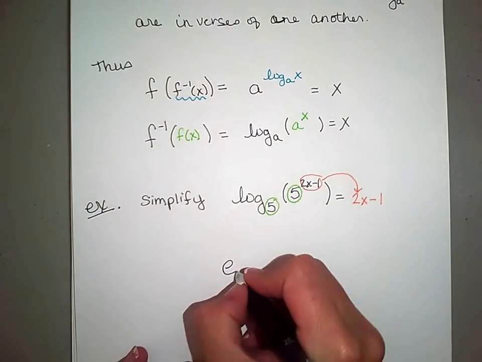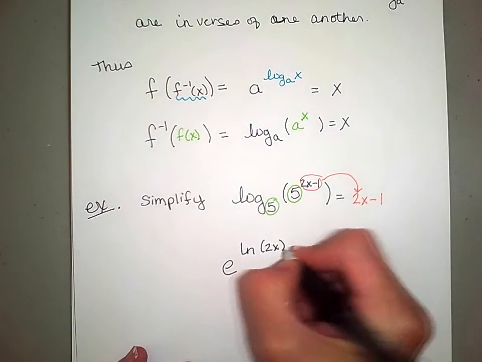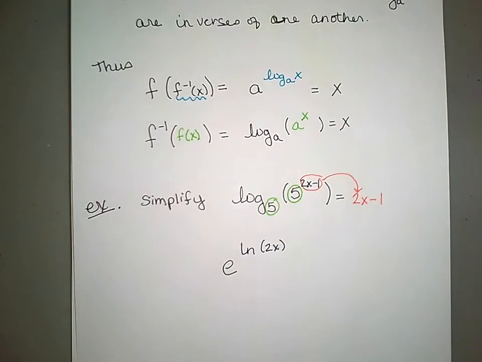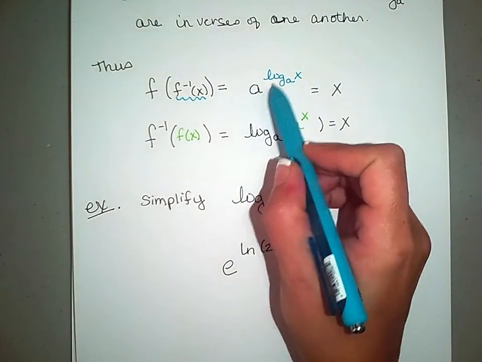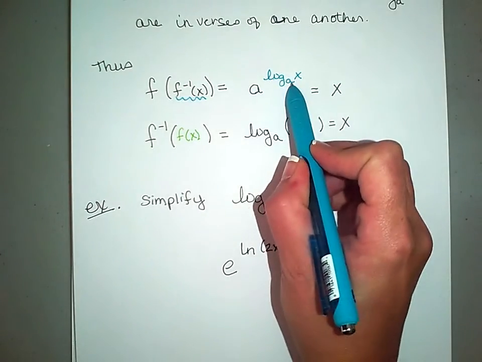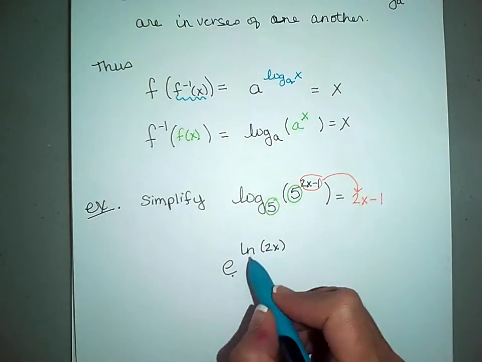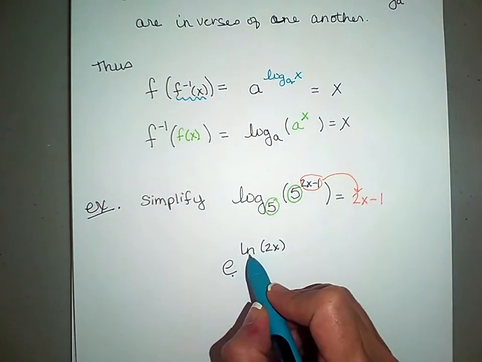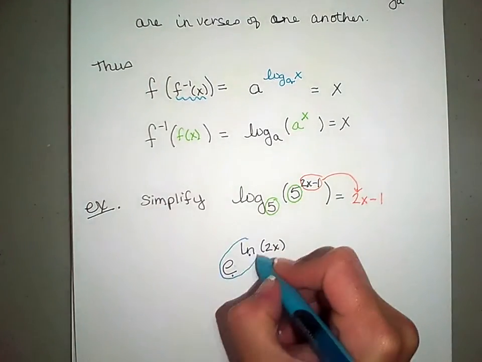Now, if we had e to the natural log of 2x, now we're in this situation where I have a raised to the log of the same base. So in this case, a is e, and the logarithm that associates with e is the natural log. So these two are the same.